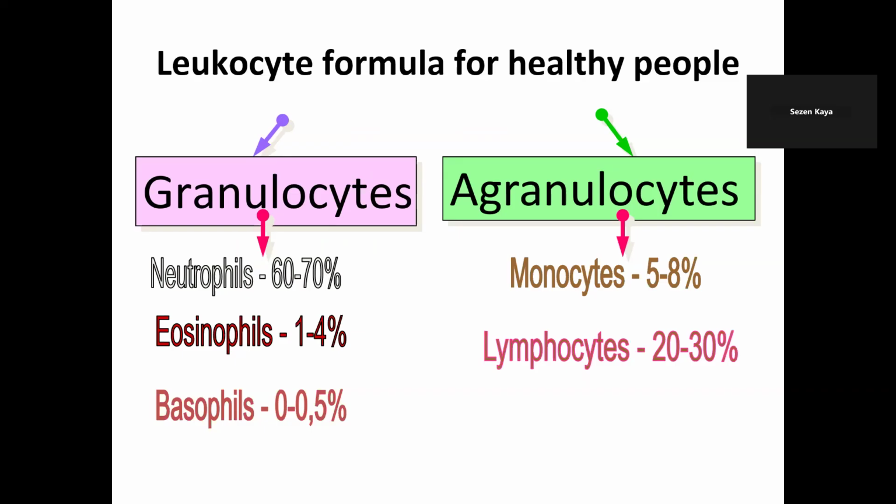Because if we make our leukocyte formula, we can find the next things. Neutrophils are responsible for bacterial infection, and when we have an increase of neutrophils, we are talking about the presence of bacterial infection in our body. Eosinophils are responsible for parasitic infection and helminthosis. Also, they can be increased during allergic reaction.